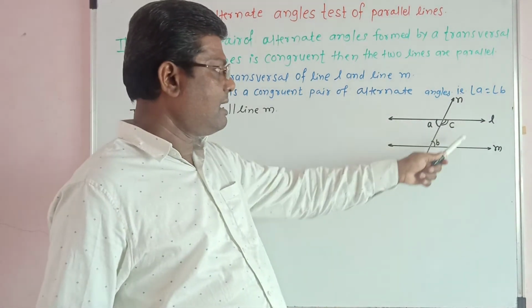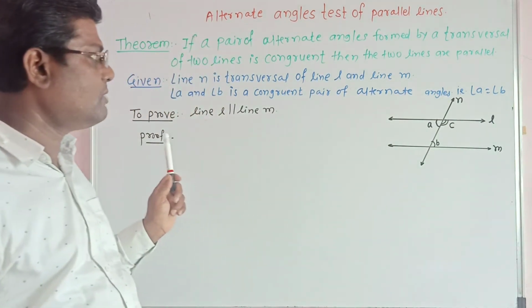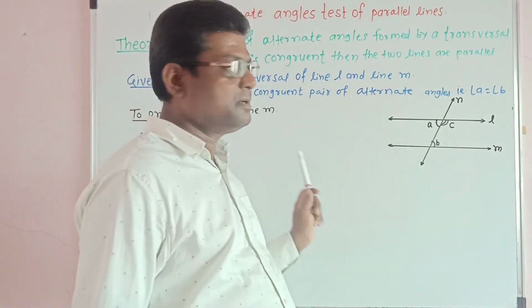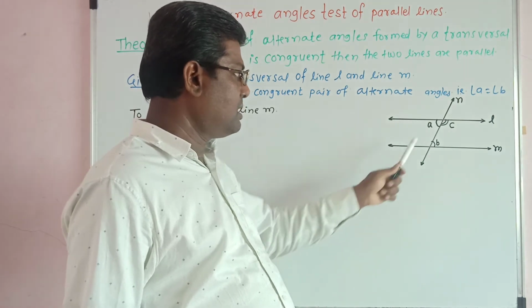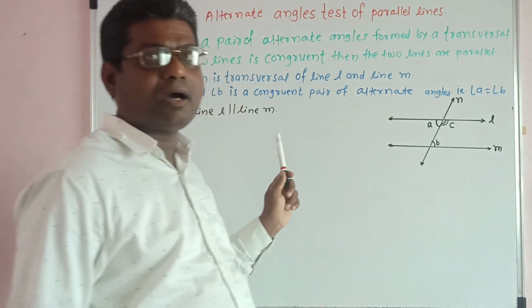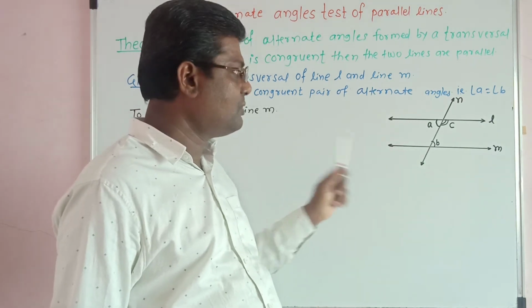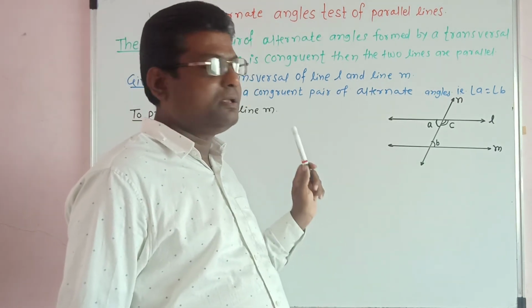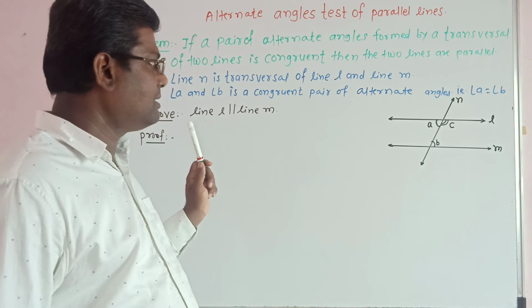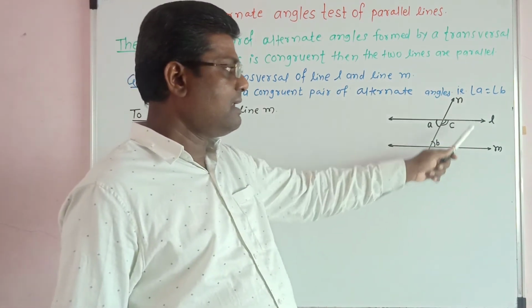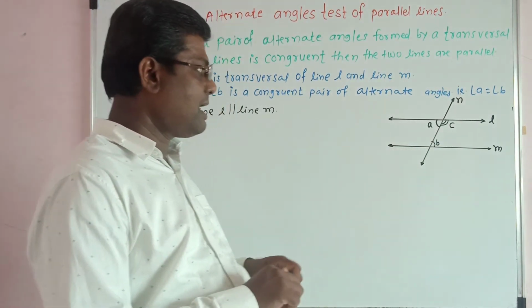Here line L and line M are two given lines and line N is their transversal, and angle A and angle B are alternate angles, and this pair of alternate angles is congruent, that is angle A is equal to angle B. Then we have to prove that line L is parallel to line M.